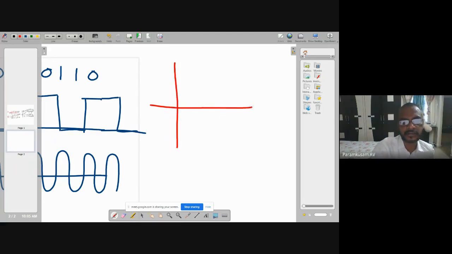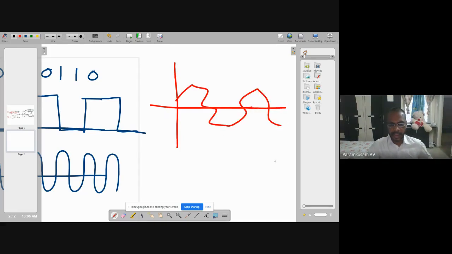The amplitude of the message signal does not have only two values. It has infinite values. So many values are there.